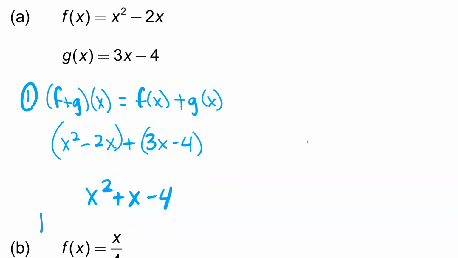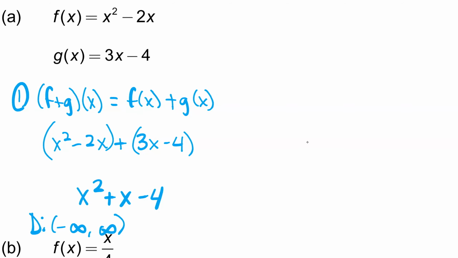What is the domain for x squared plus x minus 4? It's a polynomial, so it's all real numbers. Because we're trying to find f plus g of x, f minus g of x, f times g of x, and f divided by g of x, and we have to state the domain of each new function. So the domain of a polynomial is all real numbers.